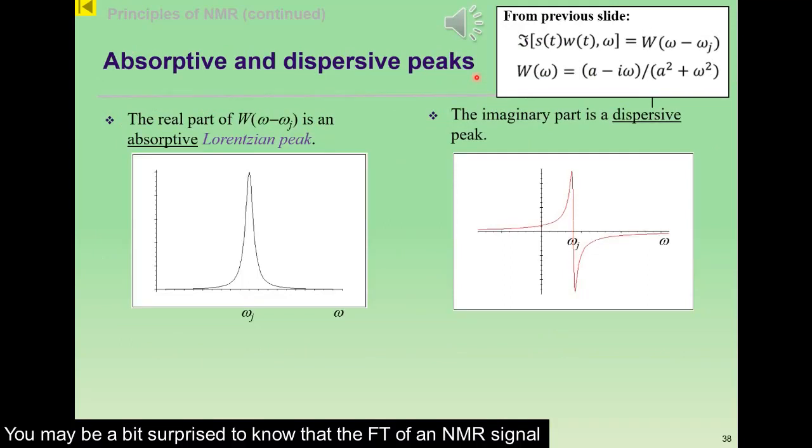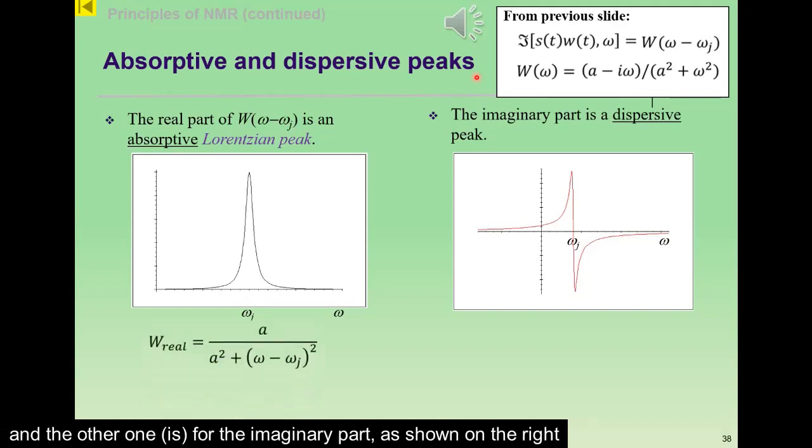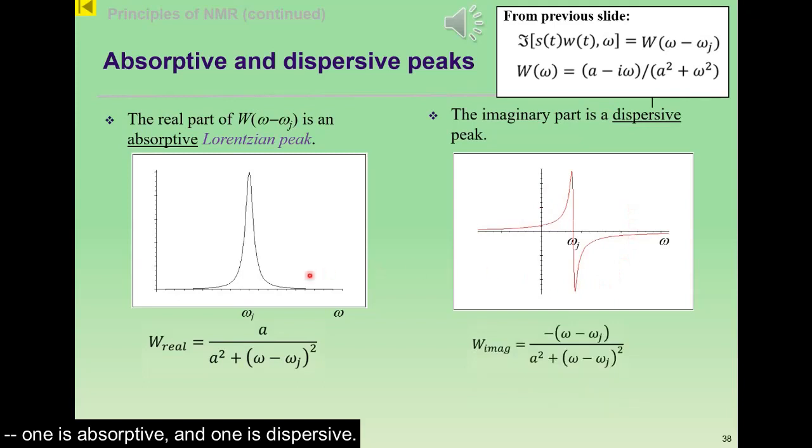You may be a bit surprised to know that the Fourier transform of an NMR signal actually always results in data for two peaks, one from the real part, as shown on the left, and the other one from the imaginary part, as shown on the right. One is absorptive, and one is dispersive.